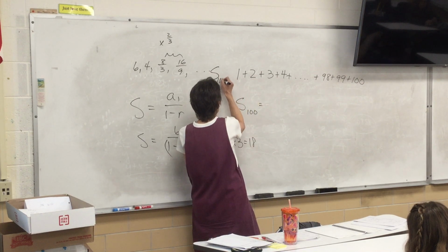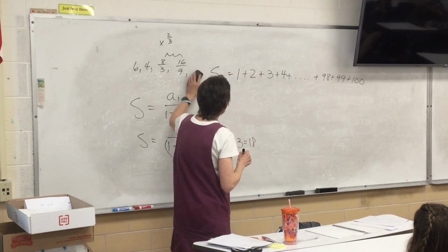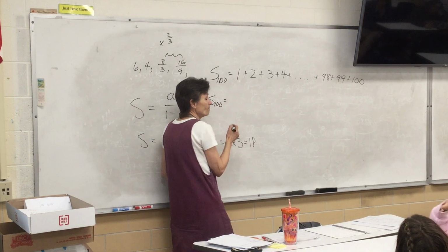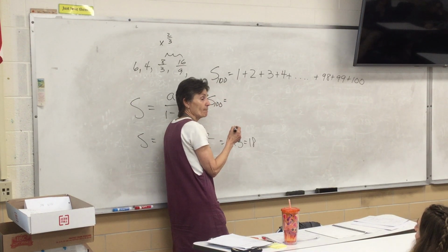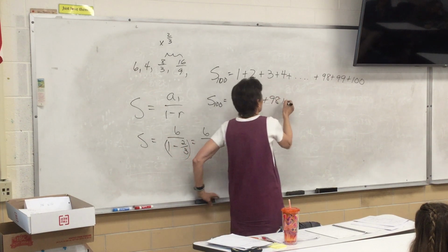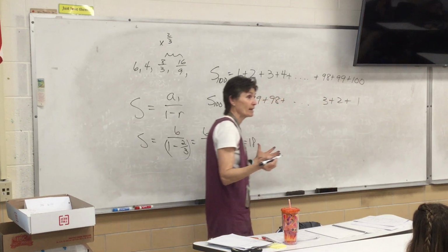But I know that I would get the same answer if I added them backwards. So 100 plus 99 plus 98, down to 3, 2, 1, which is true, right? Absolutely true.